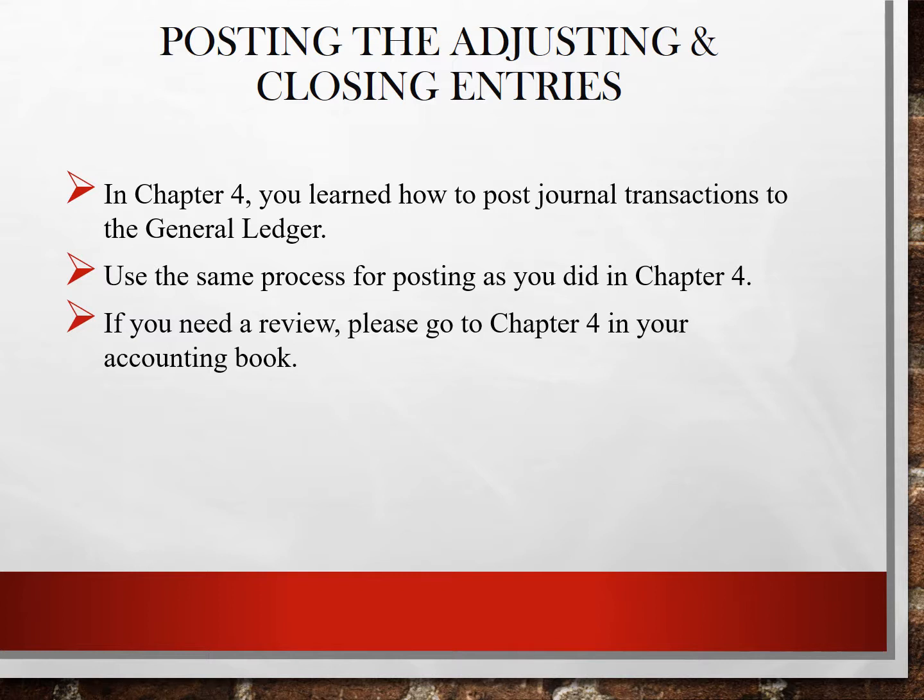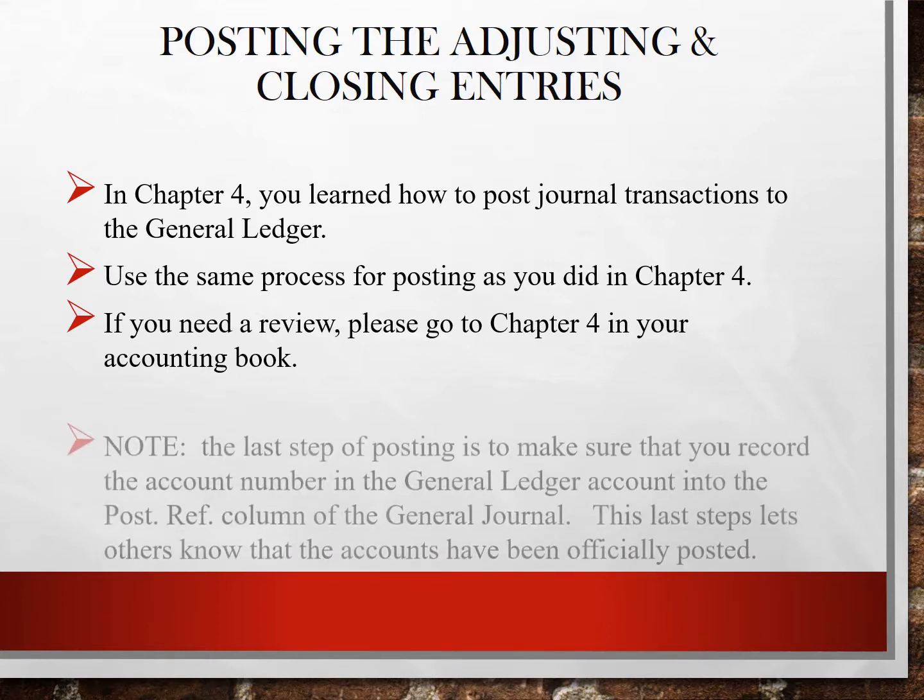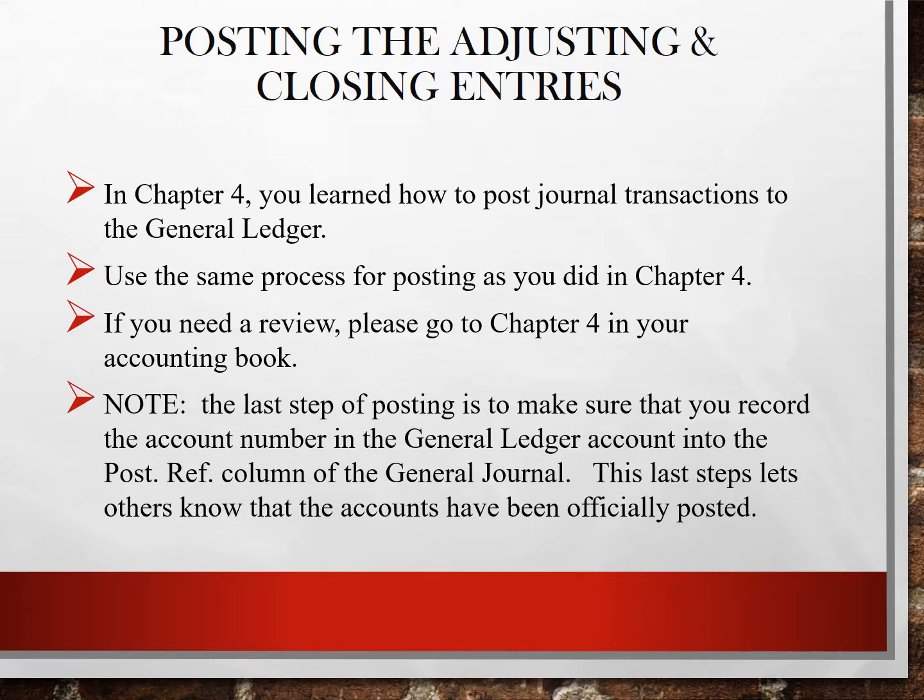If you need a review on posting, please go to Chapter 4 in your accounting book. Note, the last step of posting is to make sure that you record the account number in the general ledger account into the post reference column of the general journal. This last step lets others know that the accounts have been officially posted.